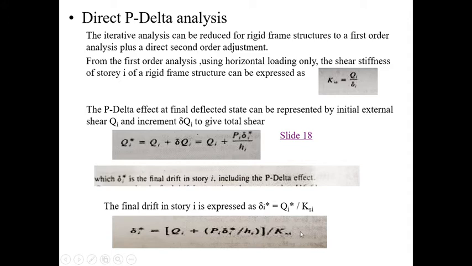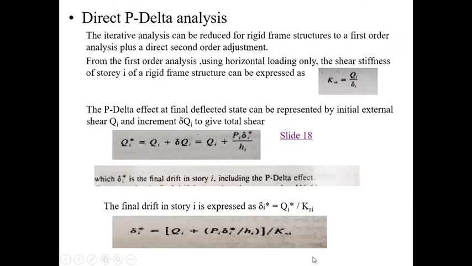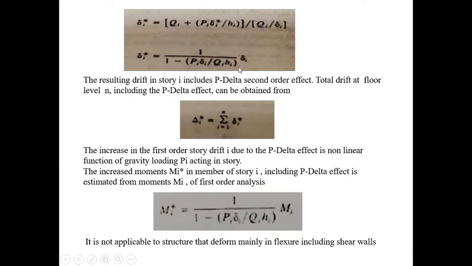So, you will see here in the next slide, delta i star is equal to Qi plus Pi delta i star upon Hi, the whole divided by Qi upon delta i. There we have substituted the value of Ksi. Okay, this is divided by Ksi, so in place of Ksi, I will be writing Qi upon delta i.